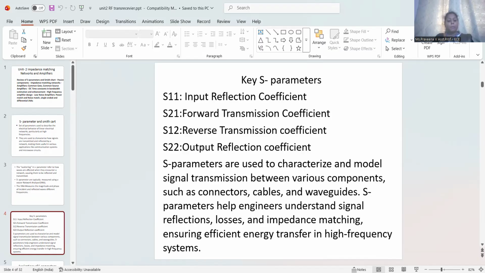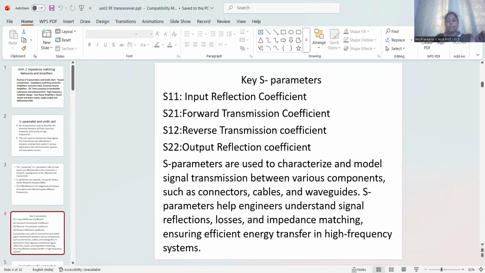The importance of S parameters is that they are widely used to characterize and model the signal transmission between various RF and microwave components such as connectors, cables, transmission lines, antennas, filters, amplifiers, and waveguides. These S parameters help engineers to analyze signal reflection, transmission losses, and impedance match.